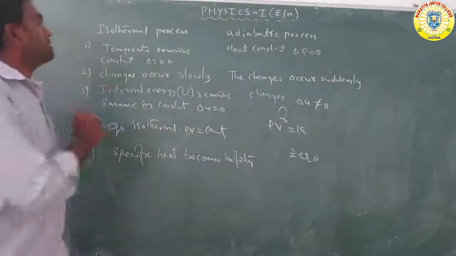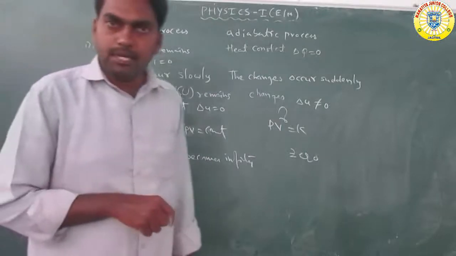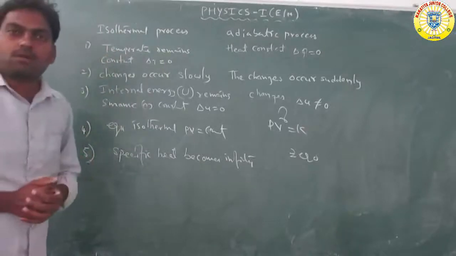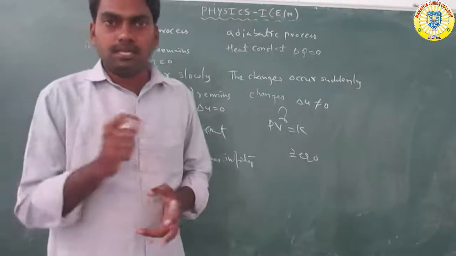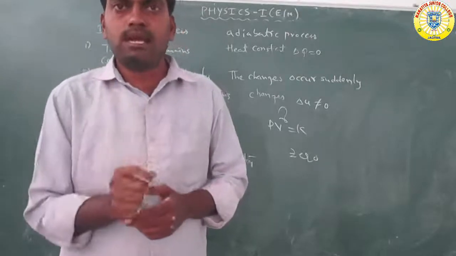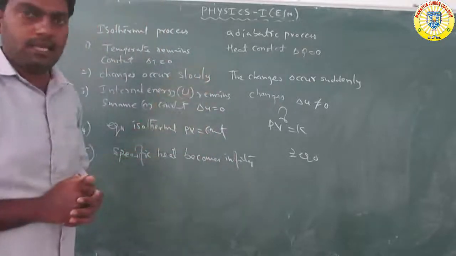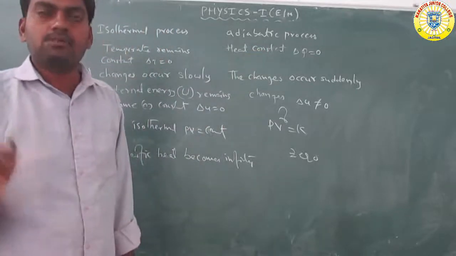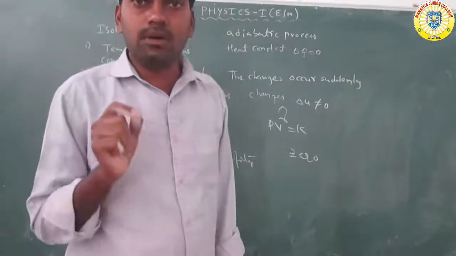So now we take some differences between the isothermal process and the adiabatic process. In the isothermal process, the temperature remains constant, that means delta T is equal to 0. But in the adiabatic process, the heat remains constant, so delta Q is equal to 0.